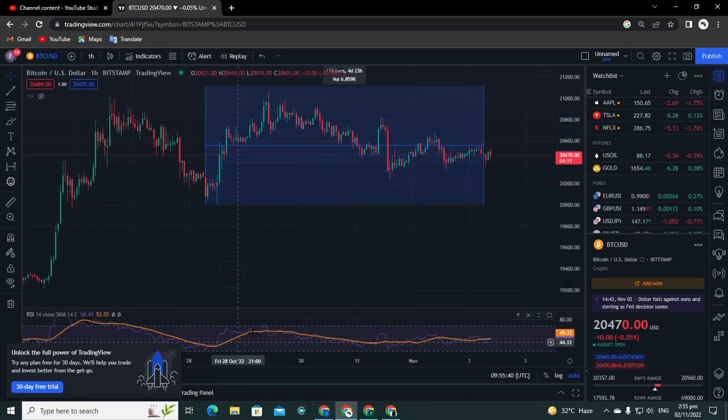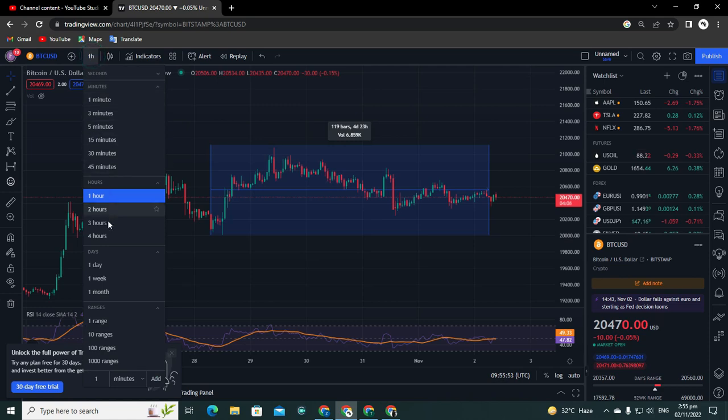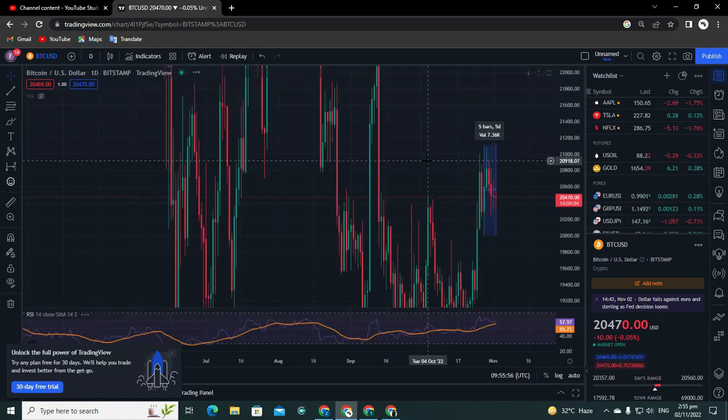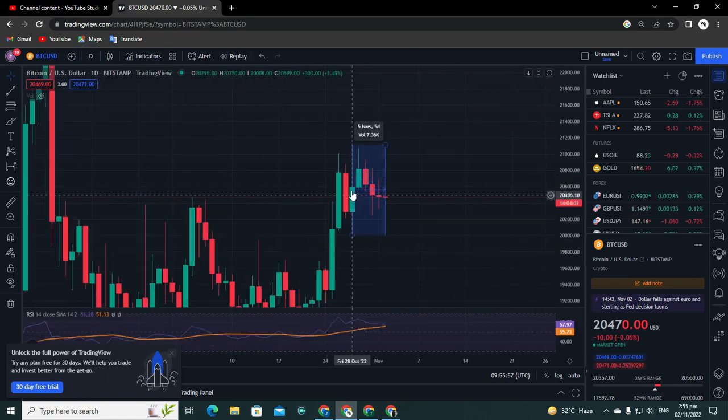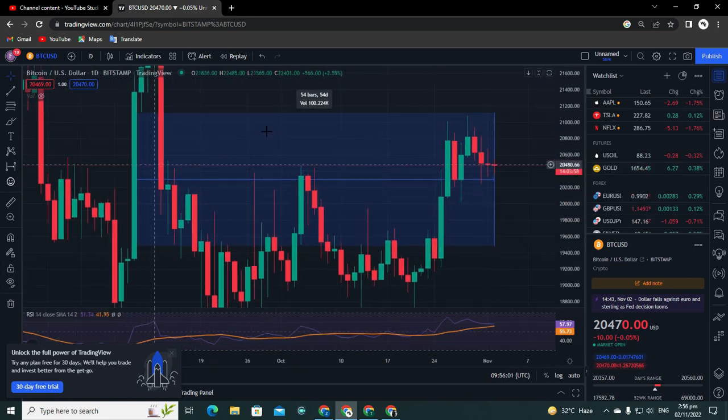It will tell you how many candles it has right here: 119 candles, 4 days and 23 hours. And the volume during this period is 6.859k. So it's an hourly chart, so this is accordingly. You can open a daily chart, click here, go long. It will tell you how much it has: 54 bars, 54 days.